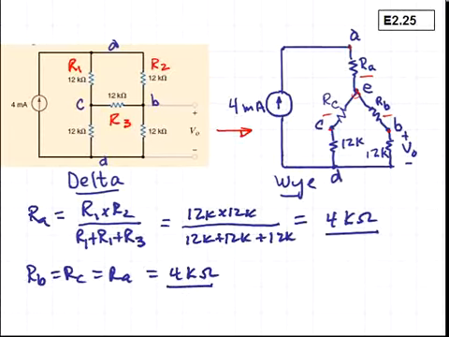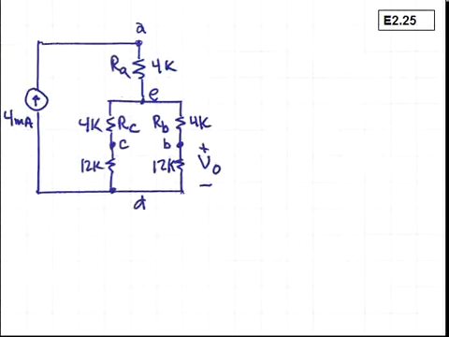So now we'll see what we've accomplished by doing this transformation. Here we have the circuit with the resistors RA, RC, and RB installed. Let's rename some resistances RSC and RSB.